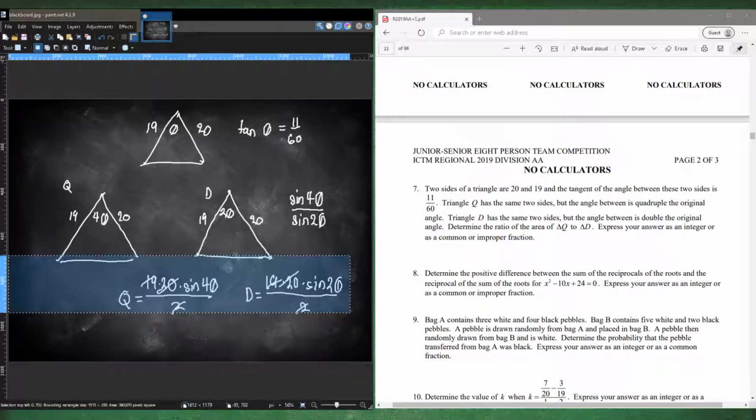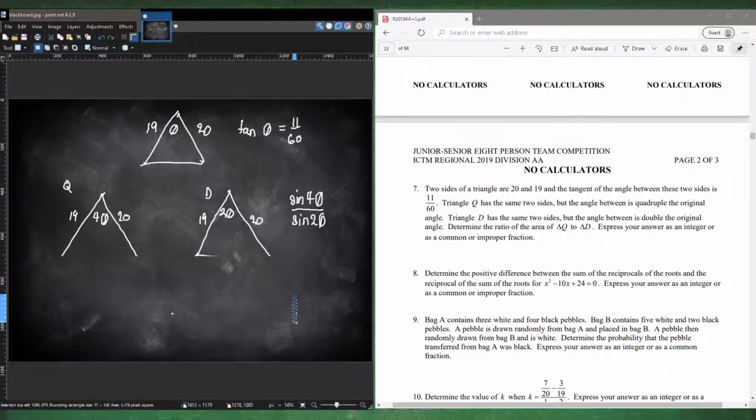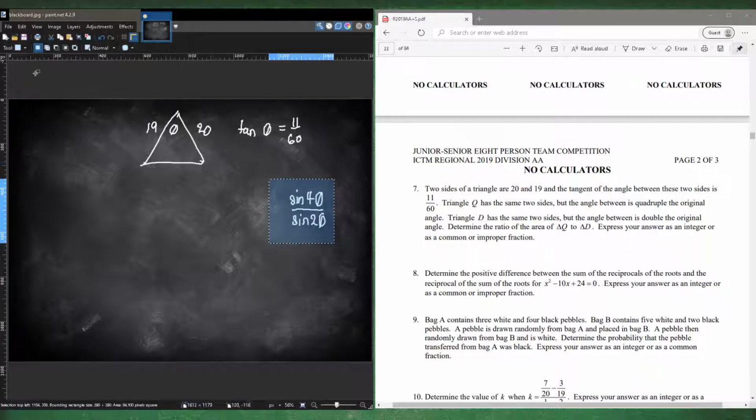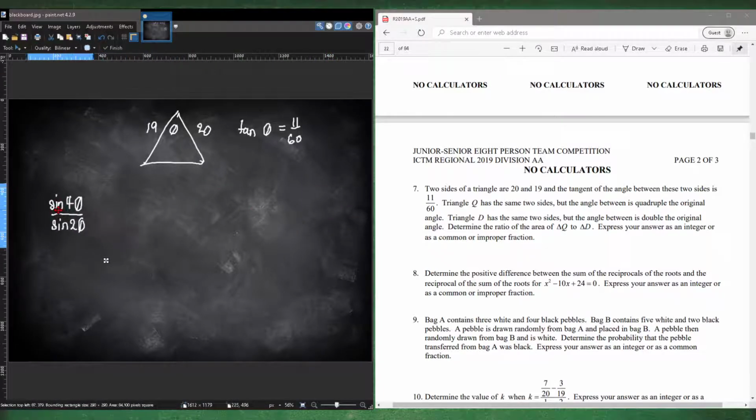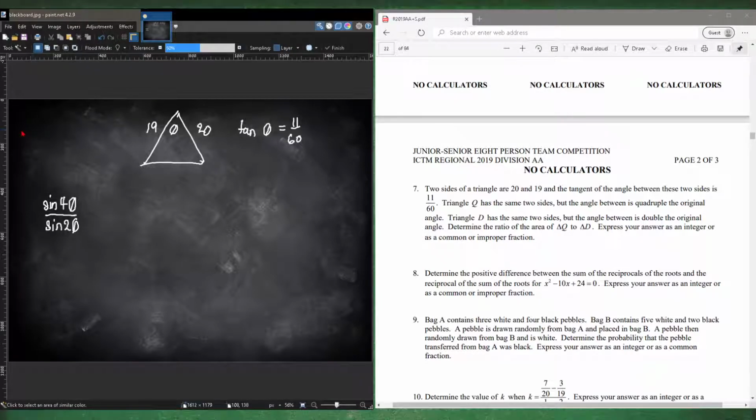So we really don't need the diagrams anymore. And we just need to find this value. We don't know what theta is, but we know that tangent theta equals 11 over 60. So let's think about this. What is sine of 4 theta?